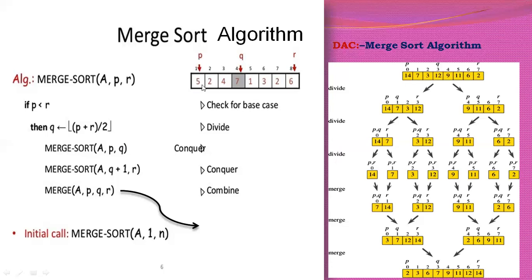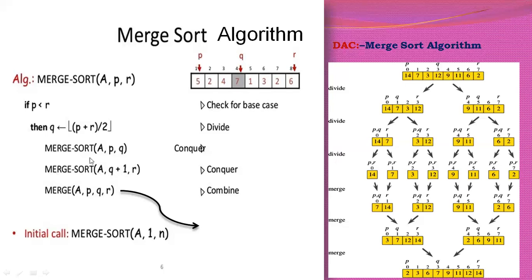Once this list is sorted, again we need to sort Q plus 1 to R. Q plus 1 is nothing but the right side sub array. The right side sub array we need to sort here. Q plus 1 is 1 here, and we can move to the last element.